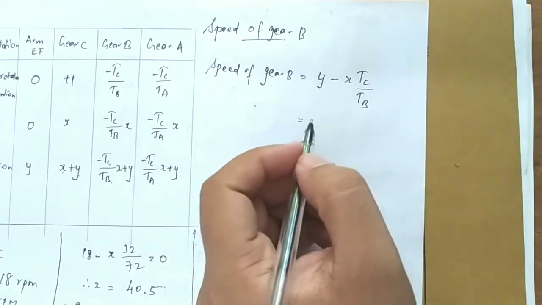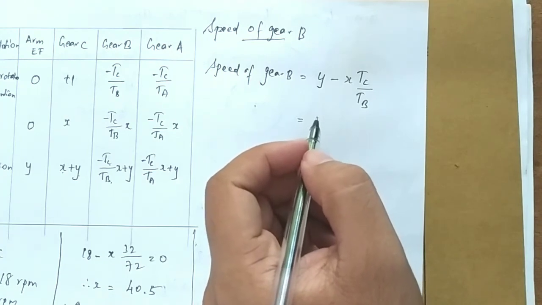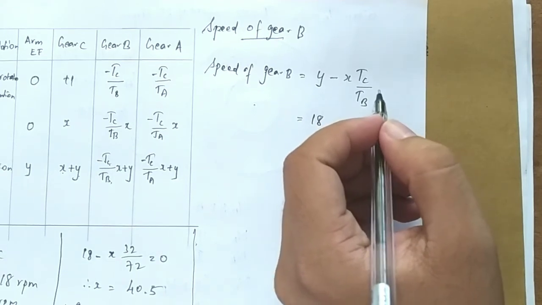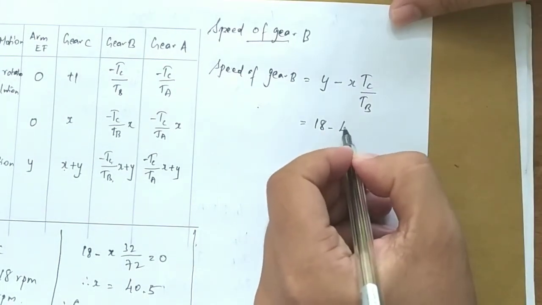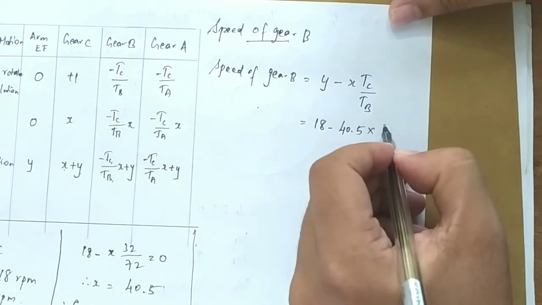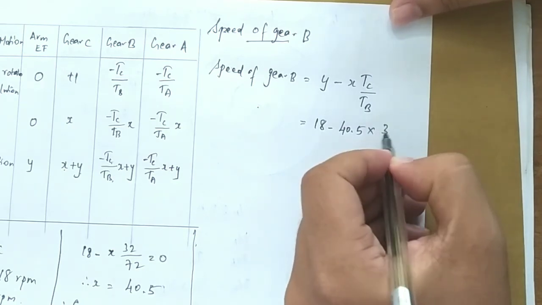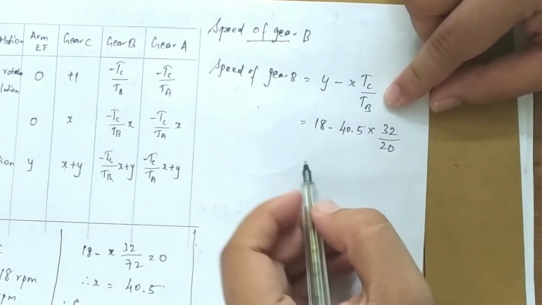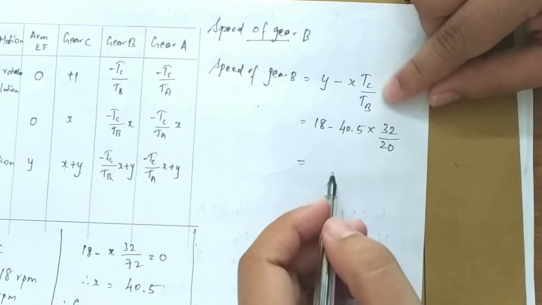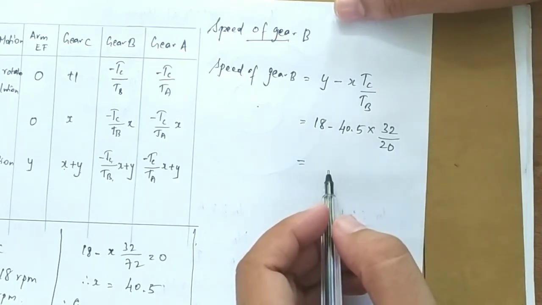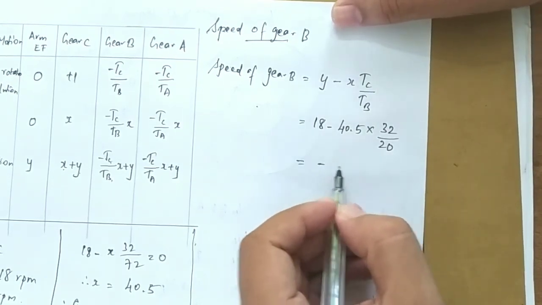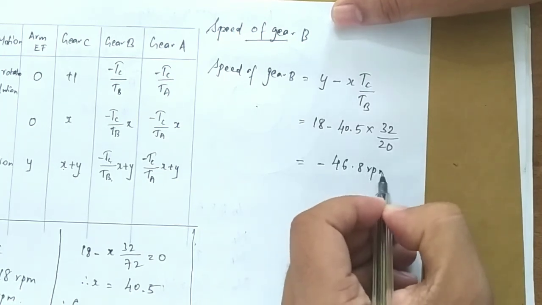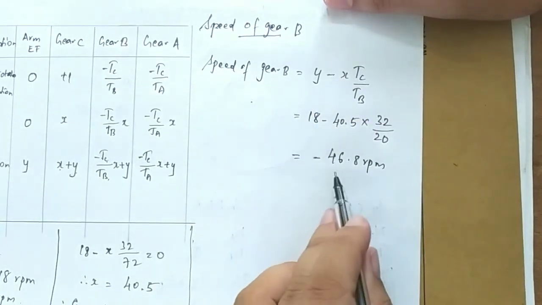Y we already know, y is 18. Minus x, which is 40.5, into TC, which is given in the question as 32, by TB, which we found to be 20. If you substitute everything, you will get the value as minus 46.8 rpm.